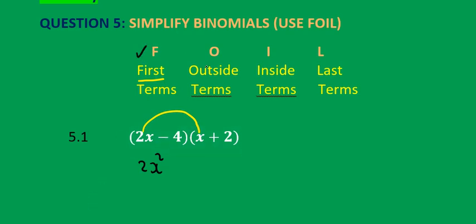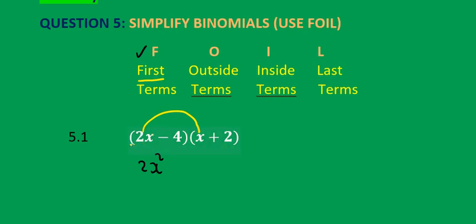Now we come to the O. The O is for the terms outside the bracket. So what are the terms on the outside? Remember, this is on the far left and this is on the far right.